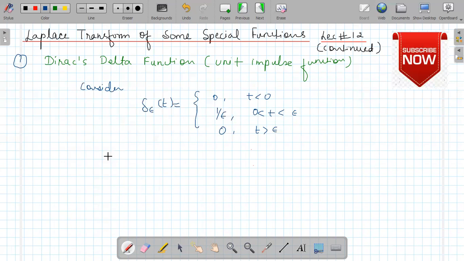So the Dirac delta function is denoted by delta t, and it is defined as the limiting value, as epsilon approaches 0, of this function. This is called the Dirac delta function, delta t.